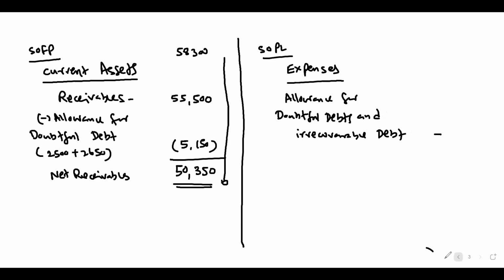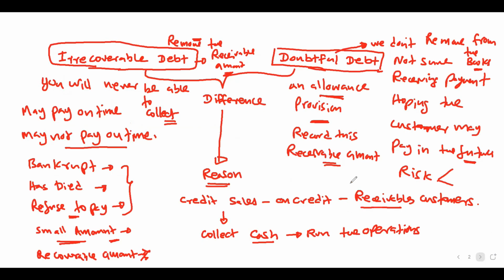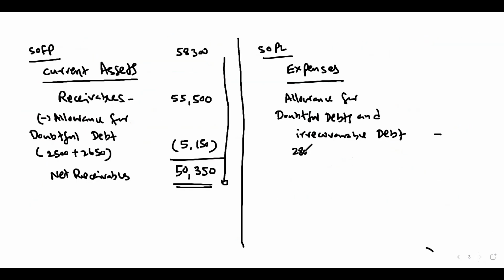So how much will that be? We had 2,800 irrecoverable debts, 1,500 plus 1,300, which is 2,800, plus 5,150 as allowances for doubtful debts.